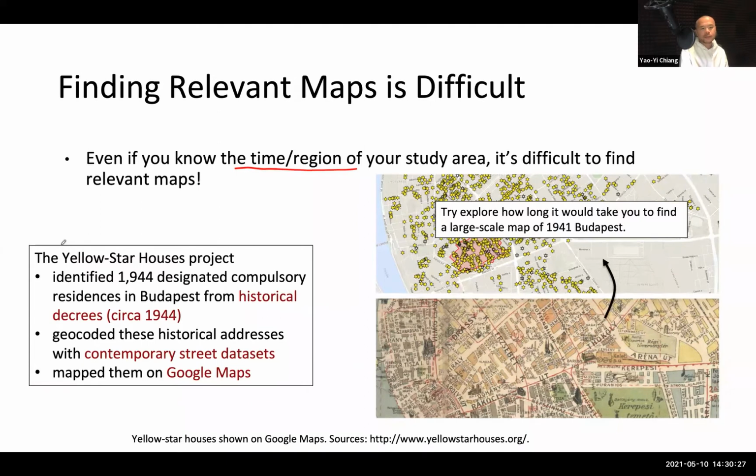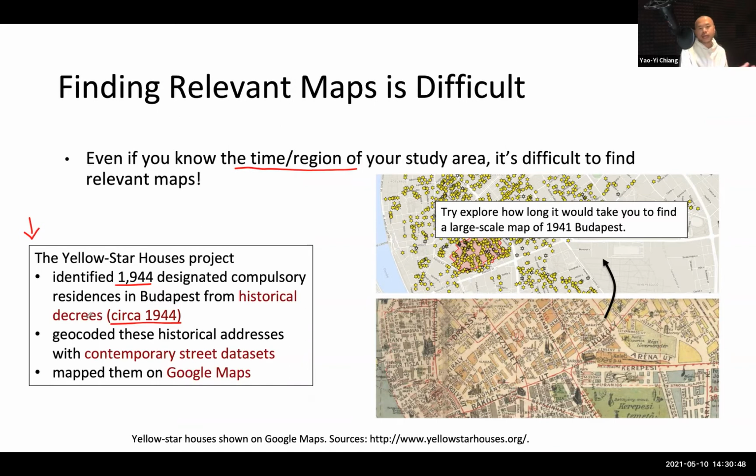Here is one example. This is a very nice project called the Yellow Star Houses project. In the project, the researchers identified almost 2,000 designated residences in Budapest in the year 1944.